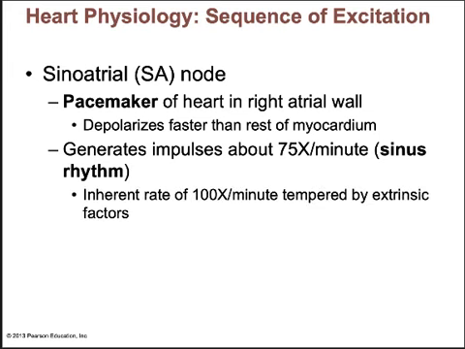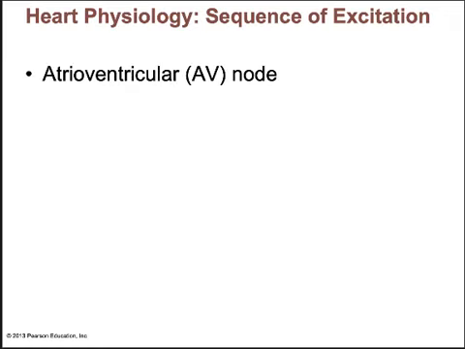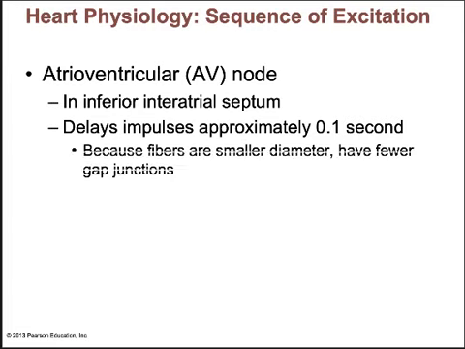The impulse spreads across the atria, and then it's captured by the AV node, which is in the inferior interatrial septum and at the top of the interventricular septum. The impulse is delayed by about 1/10 of a second. Again, this is important.